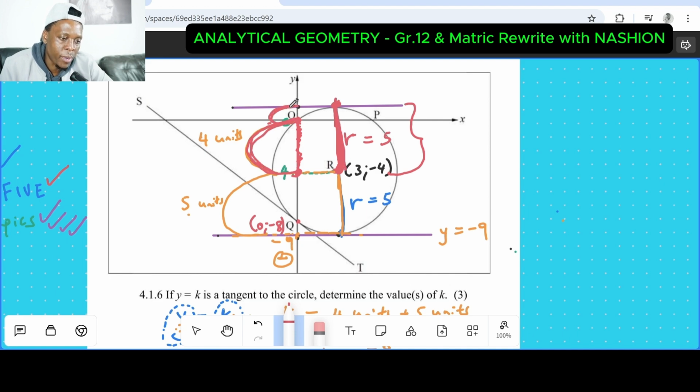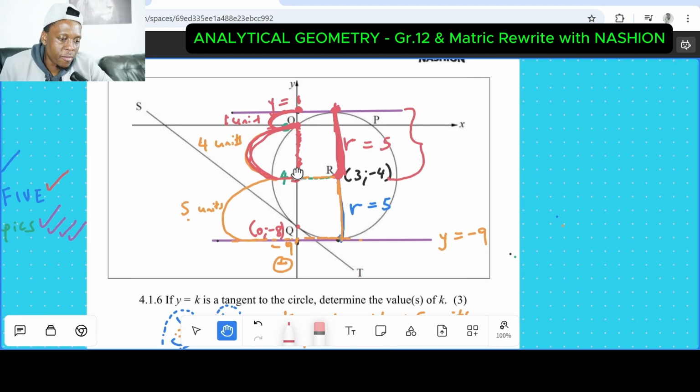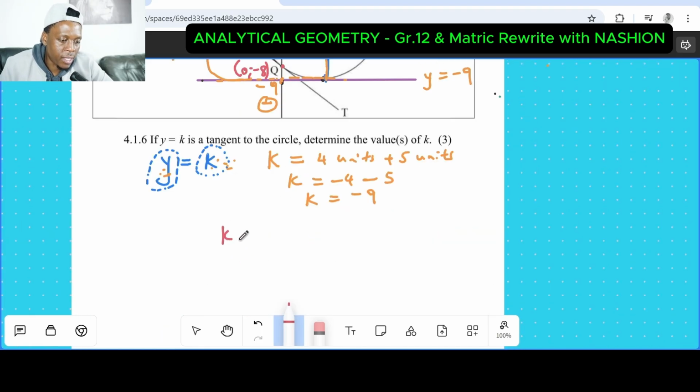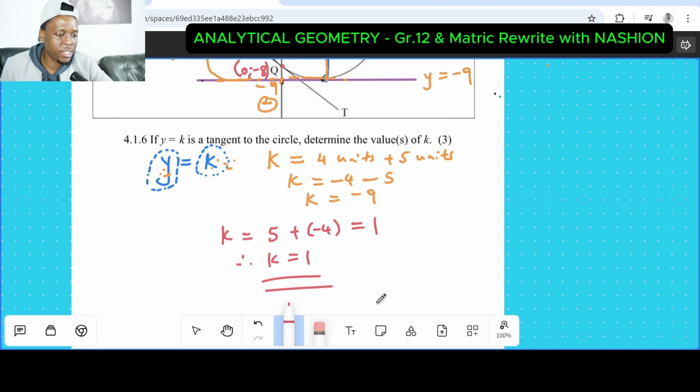We add 1. So meaning up here, the y value is equal to 1. So it came from r is 5 and y is negative 4 here. So we are saying k is 5 plus negative 4. Therefore, k is equal to 1 and checkmate.